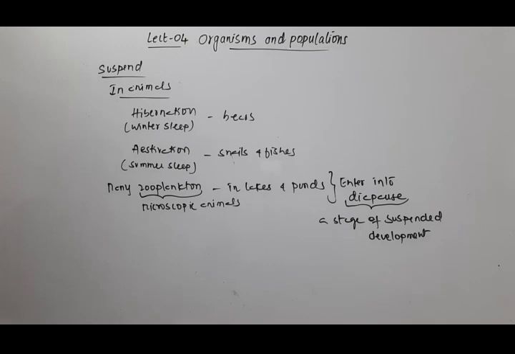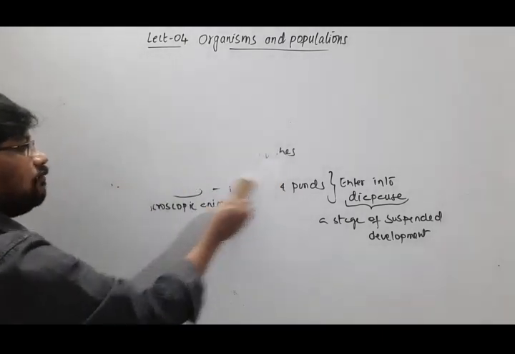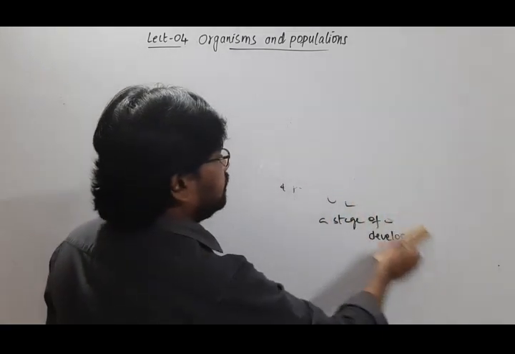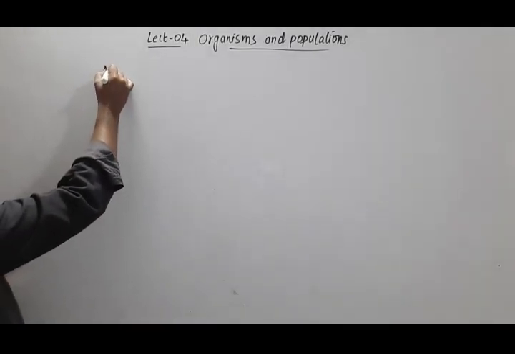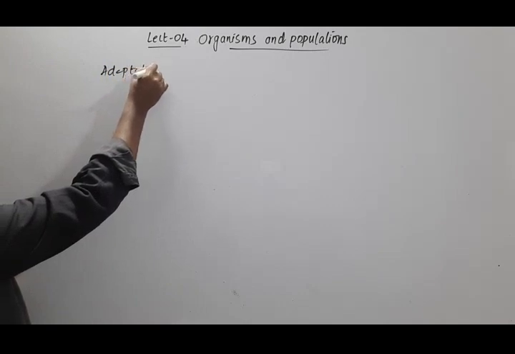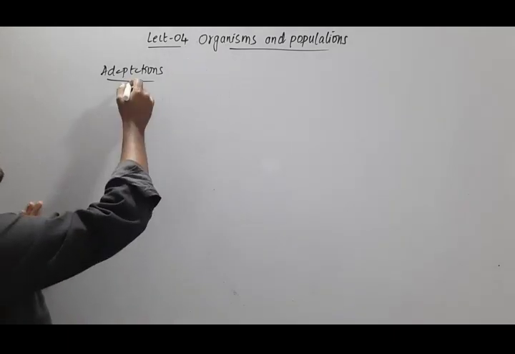Now we will see about adaptations. So how the organisms adapt to live in their environments. So let's see about these adaptations, right? So adaptations are alternatives that are available to the organisms which help them to live in extreme environmental conditions.